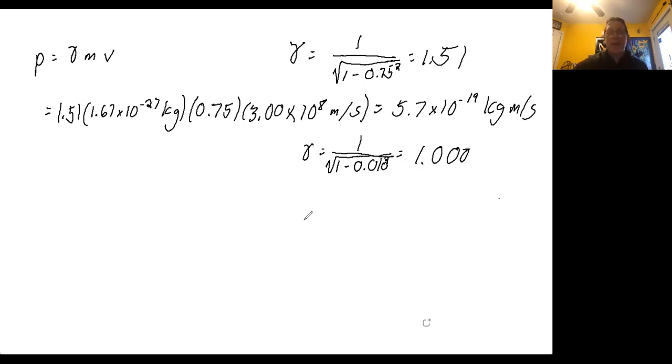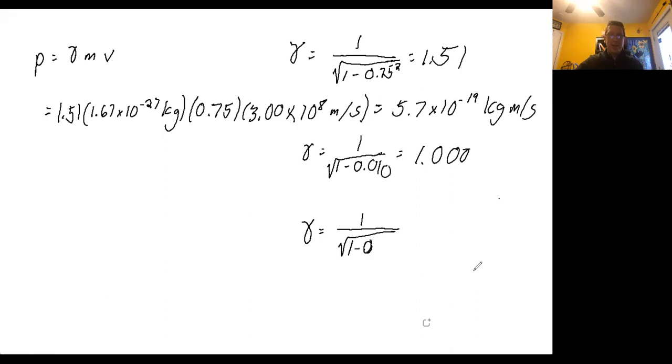However, for the second one, wait a second. I did something not quite right. My apologies. It's not 1%, it's 10%. So the square of that is 0.01.